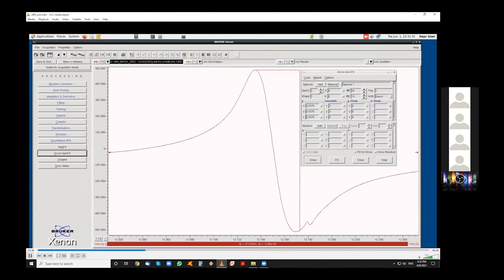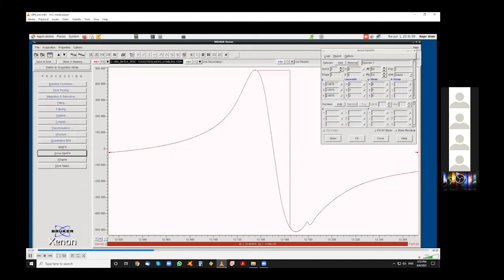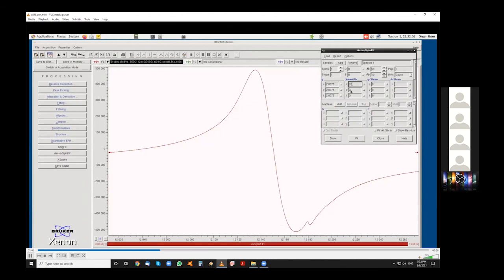For our simulation, we will proceed in the same way. So we will measure the important parameters and we will put our values in the right positions.